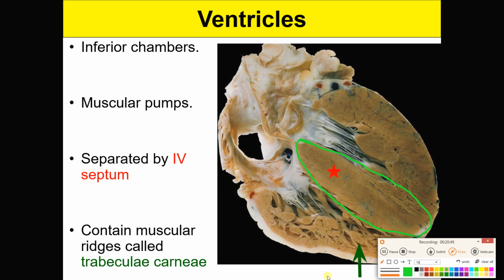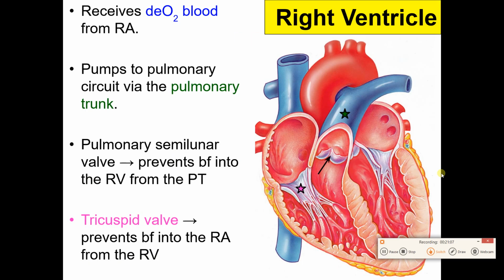Now the ventricles contain these muscular ridges here. These muscular ridges are called trabeculae carneae. Trabeculae means ridges, carneae means meat, flesh. Okay, let us discuss the right and the left ventricle a bit.